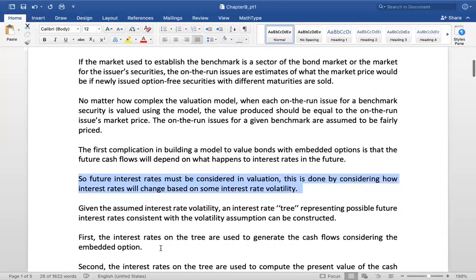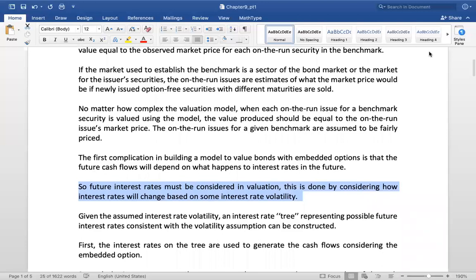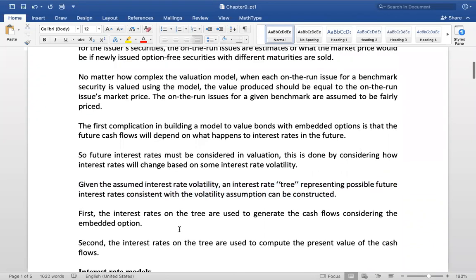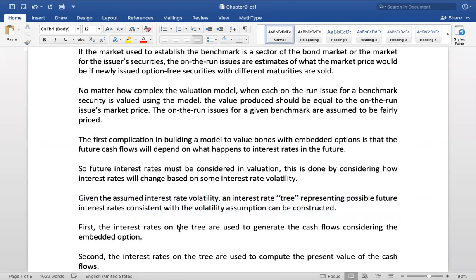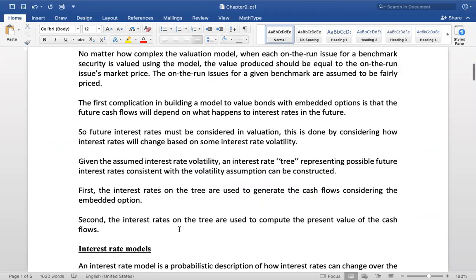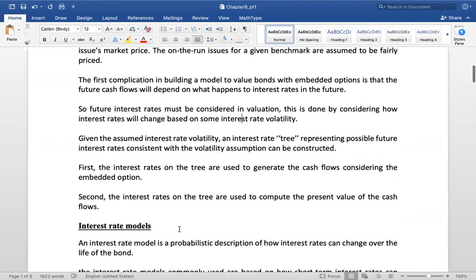First, the interest rates on the tree are used to generate the cash flows considering the embedded option. Second, the interest rates on the tree are used to compute the present value. So the interest rate tree is used in two different ways.